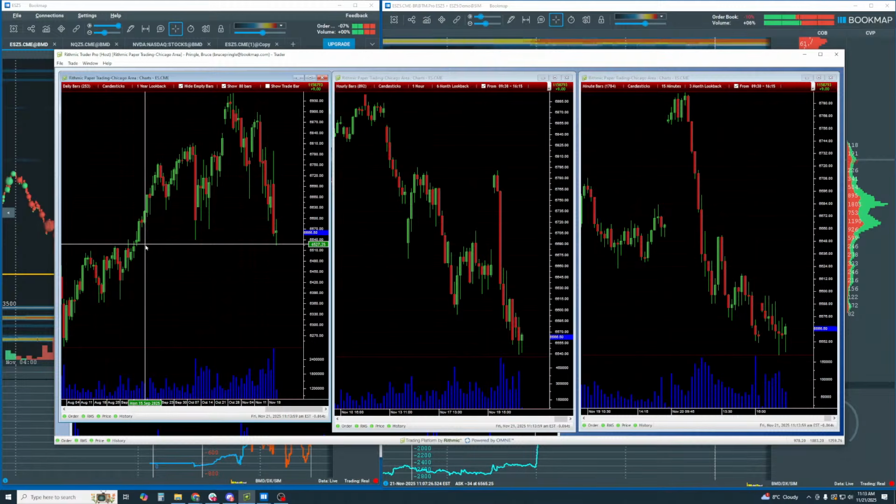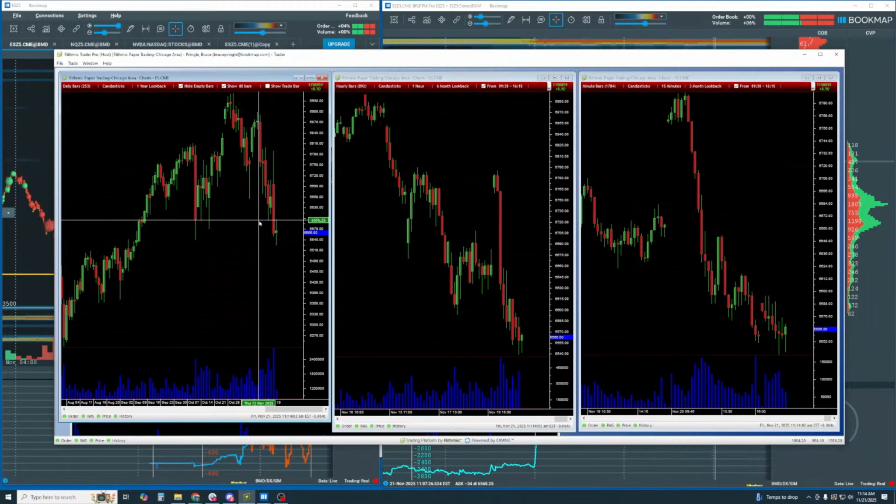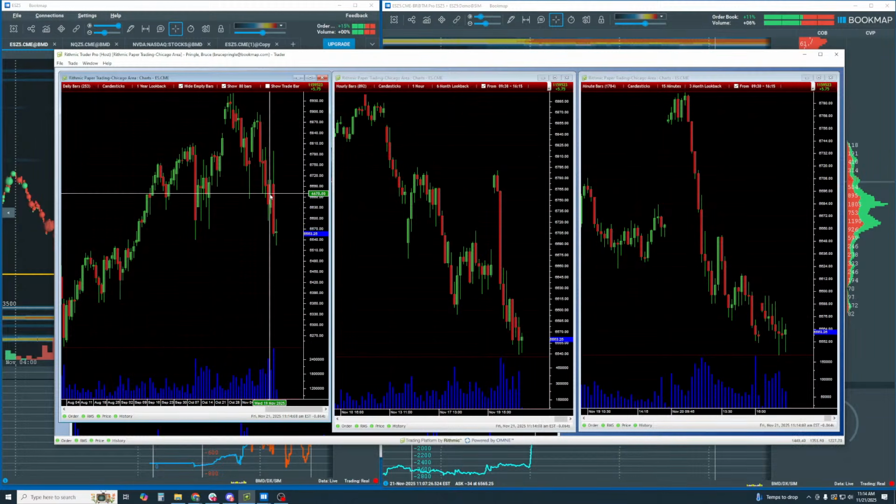So we'll see. We've already come back up and retested up here at 93, but we have potential to go quite a bit higher. I kind of like this 6650 area up here.